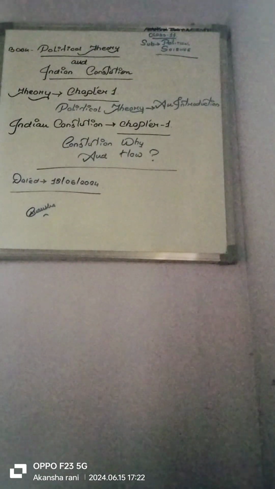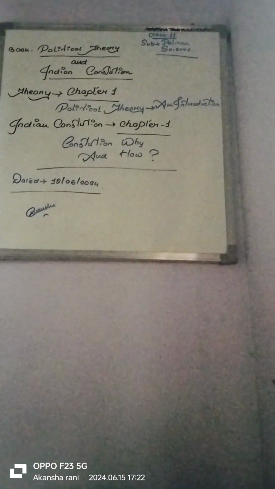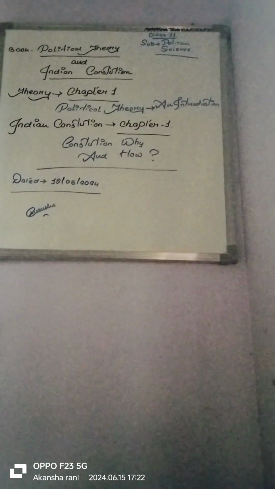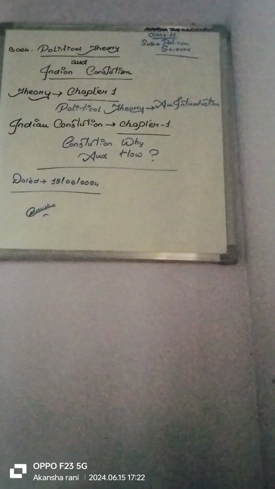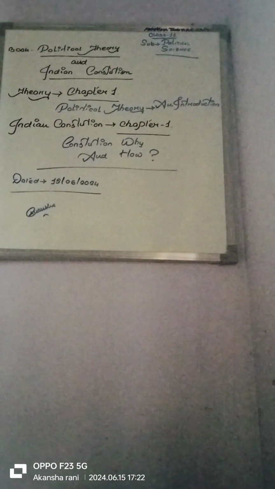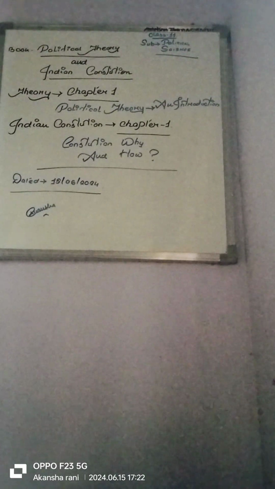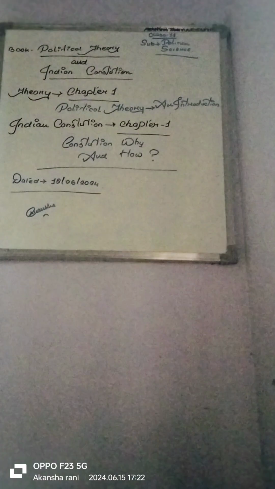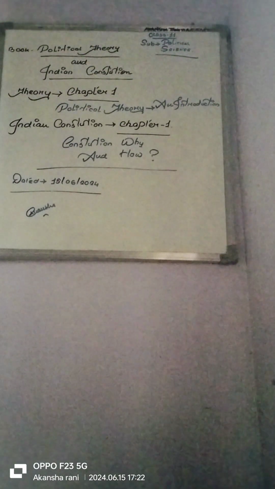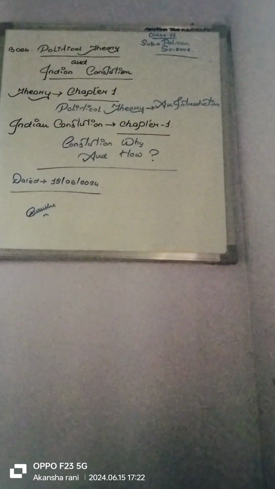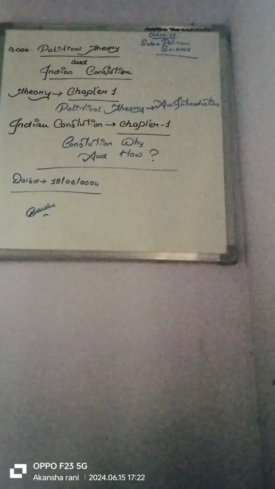Now we know India has 6 fundamental rights in the constitution. So what are the fundamental rights? Article 14 to 18, right to equality. Article 19 to 22, right to freedom. Article 23 to 24 is right against exploitation.